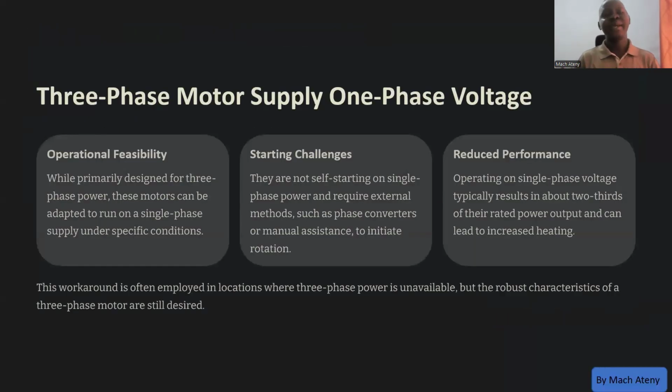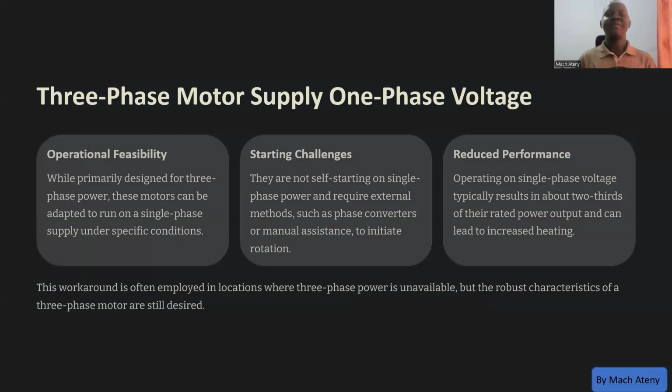Here we come to three-phase motor supplied with single phase. We know this one is very essential where there is no three-phase supply and we need it. So here we have operational flexibility.